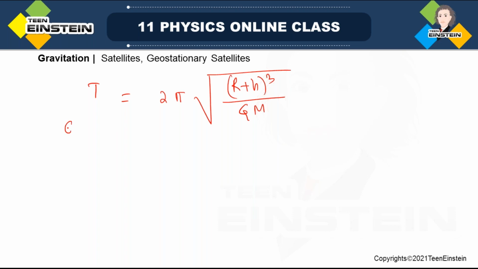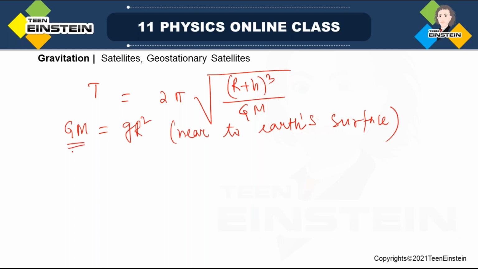Now look, for GM, near to the earth surface, we can write capital G into capital M as small g R square.